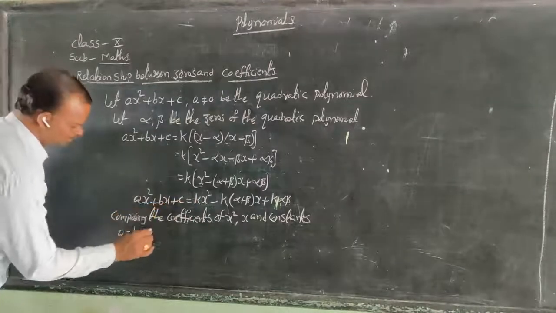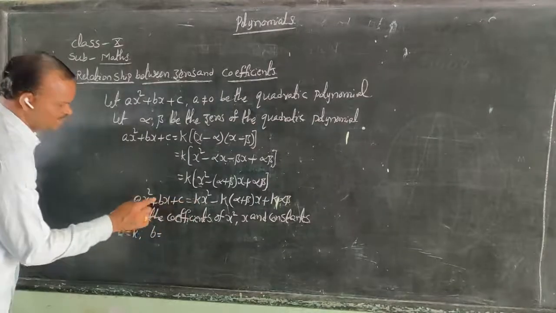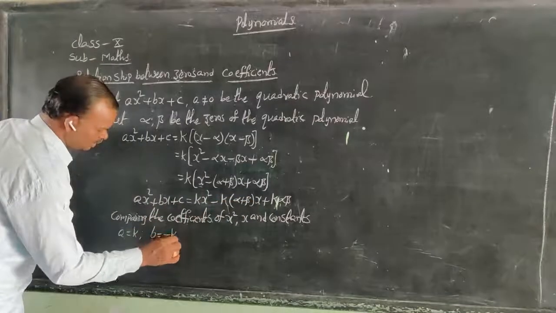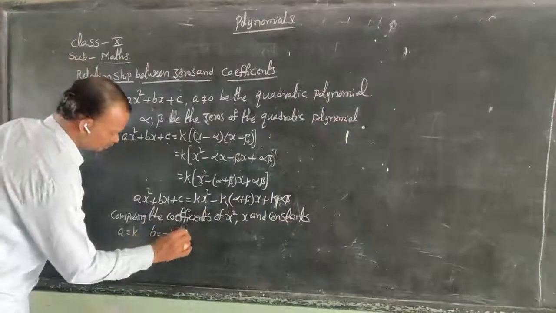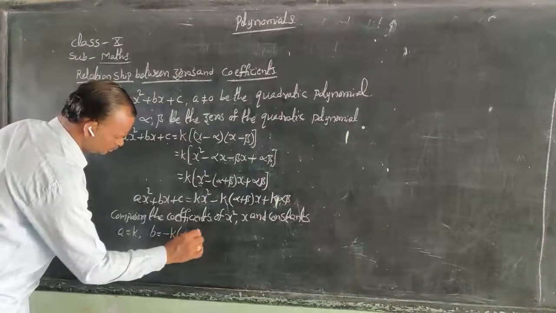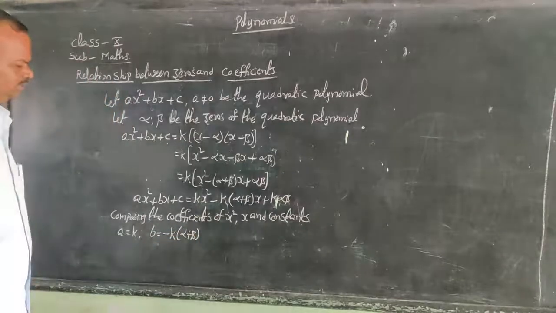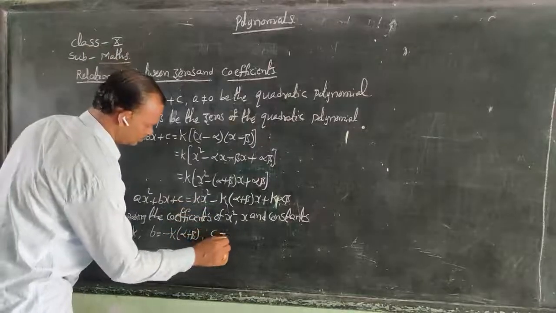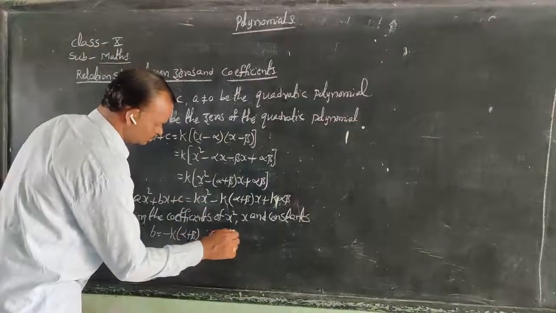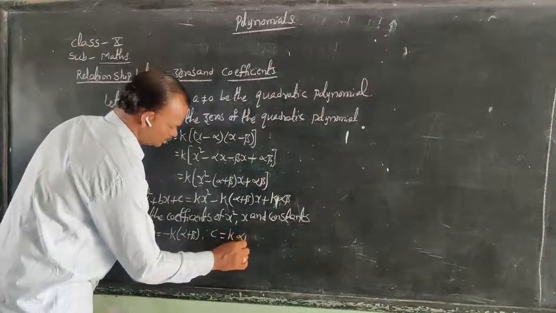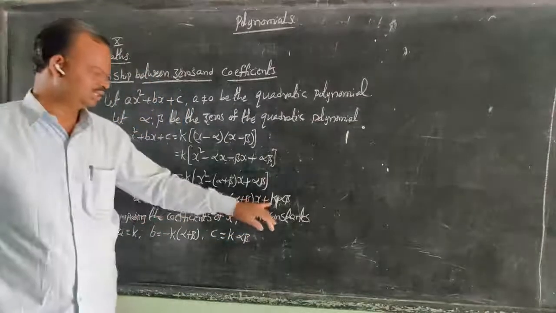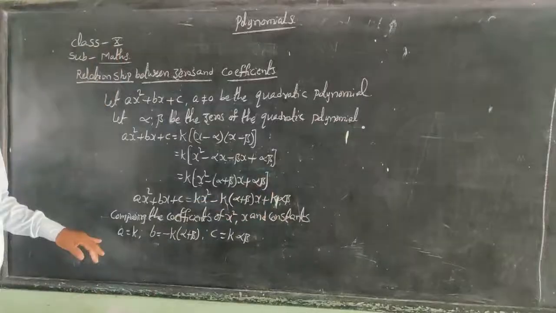And here the x coefficient is b, and the x coefficient is minus k into alpha plus beta. And the constant is c, and the constant is k into alpha beta.